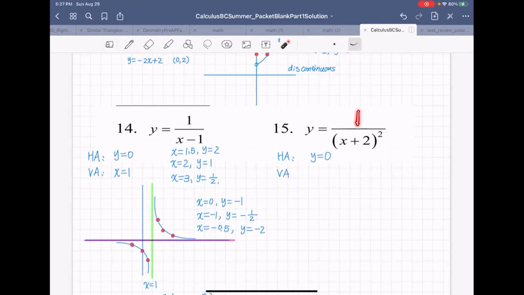This order is lower than this order. There's even no x term. This is x to the power 0. Of course, 0 is less than 2. So y equals 0. That's beautiful. And next, x equals -2. Yes. Very good. Next, we draw it, okay?